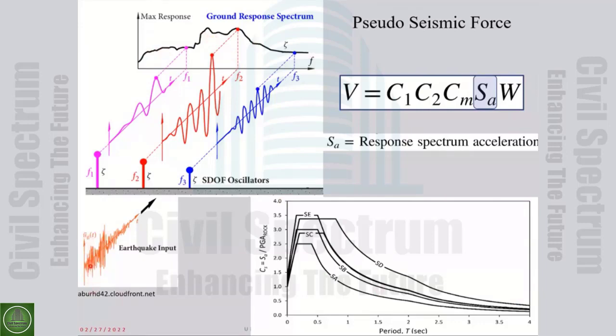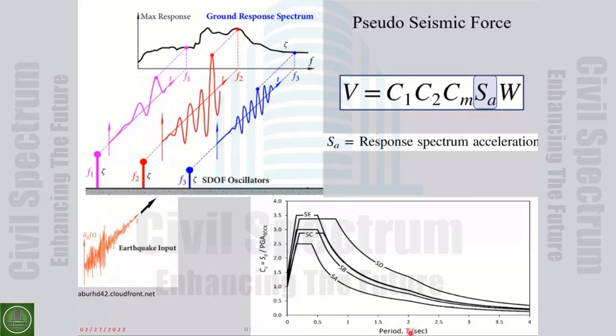When an earthquake happens, the ground shakes, and if we measure the acceleration of the ground, the maximum acceleration in the ground is the peak ground acceleration, PGA. So the question is, when the PGA is a specific value and the ground shakes, what happens to the different buildings?